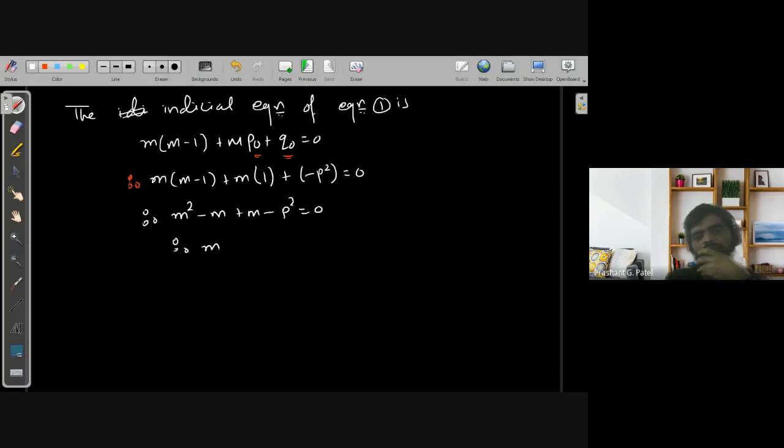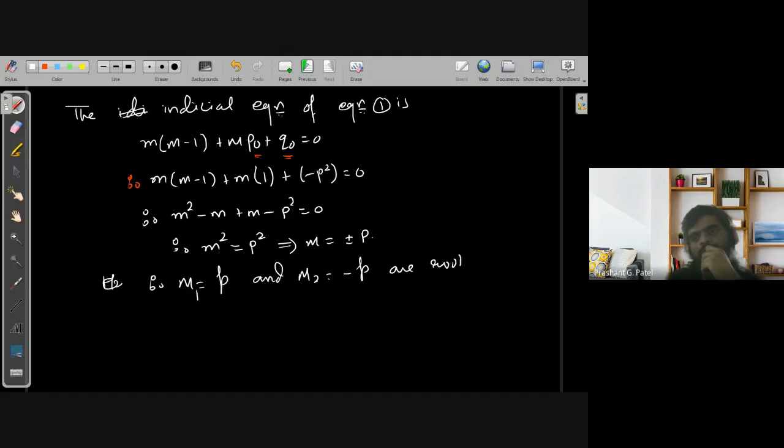So hence it gives you m square equal to p square. So this implies m will be plus or minus p. So we'll have two values of m here. Therefore m1 equal to p and m2 equal to minus p are the roots of the indicial equation.